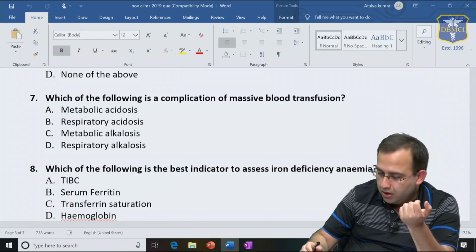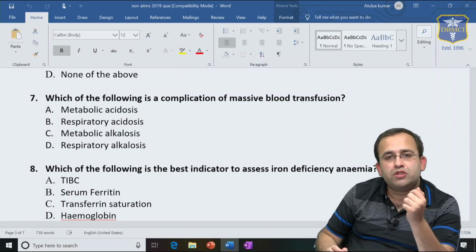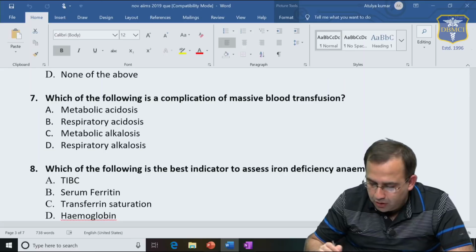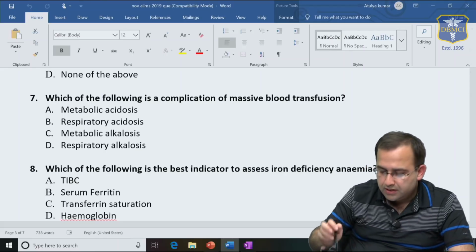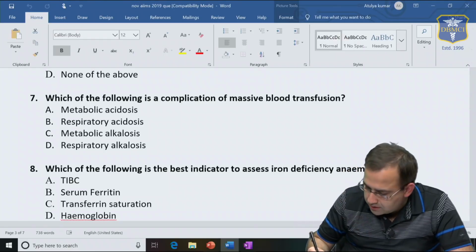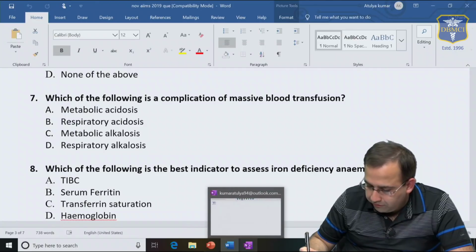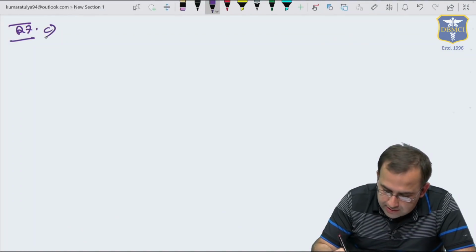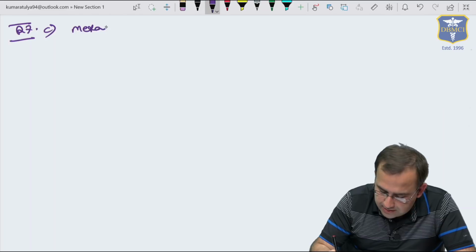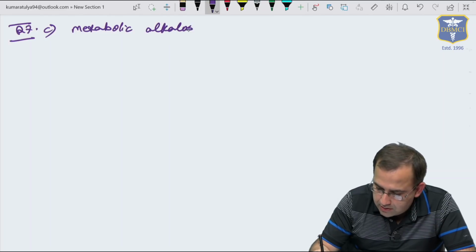Massive blood transfusion with respect to metabolic complications causes metabolic alkalosis. I am sure all of you knew this. Question 7, the answer is C, that is metabolic alkalosis.